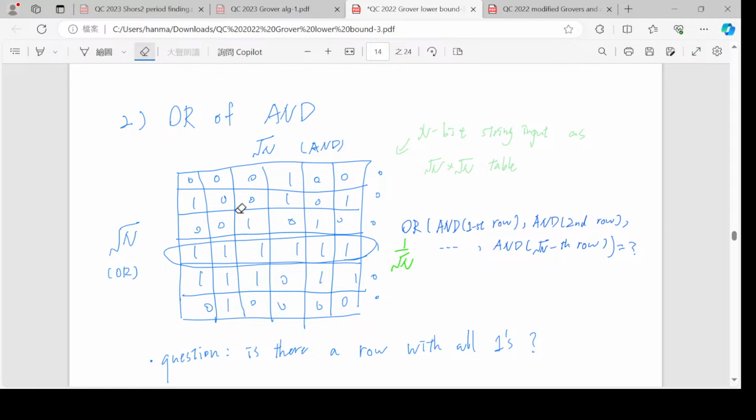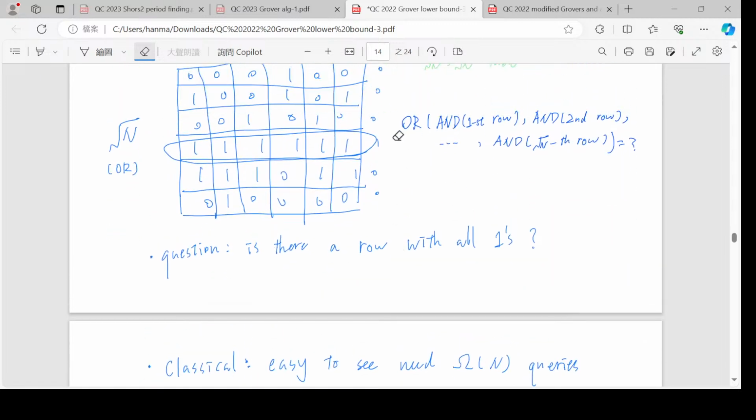What we want to calculate is the OR of AND on this block. What does this mean? We want to calculate the AND of every row first. Here this row has a 0, so it's 0. This row contains 0, so the AND is 0. And only this row has all 1s, so it's 1 here. So we compute the AND of every row, and then you compute the OR of everything. It's a kind of weird function.